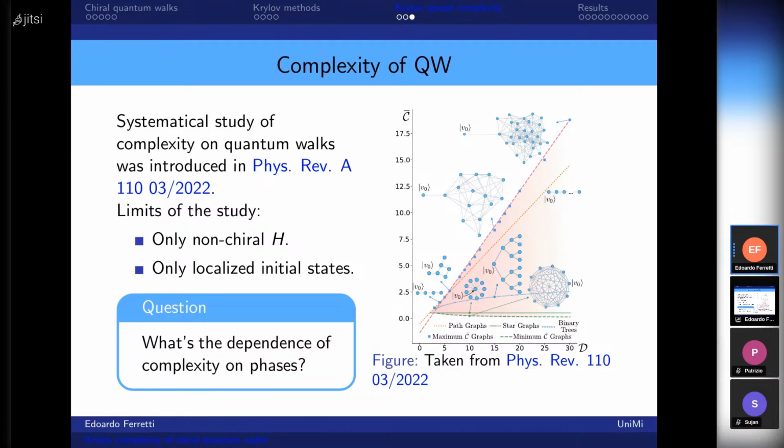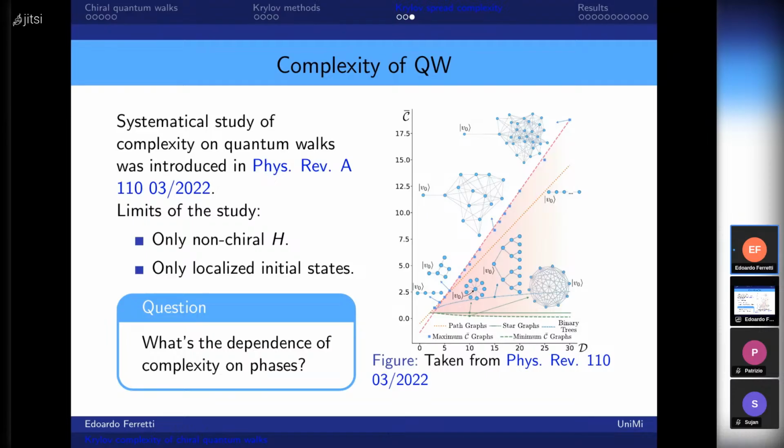And here basically complexity for many different topologies was computed, showing, for example, that on the complete graph, complexity decreases as the size of the complete graph is increased. Always an initially localized state is assumed. That's an important caveat.